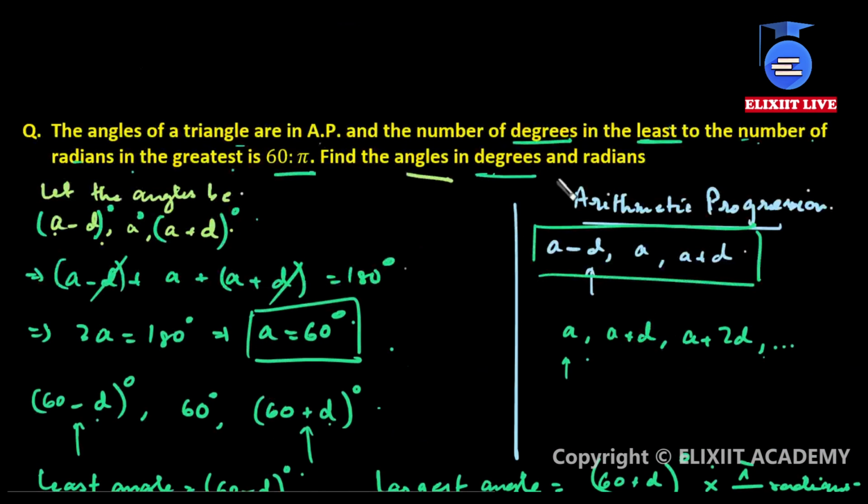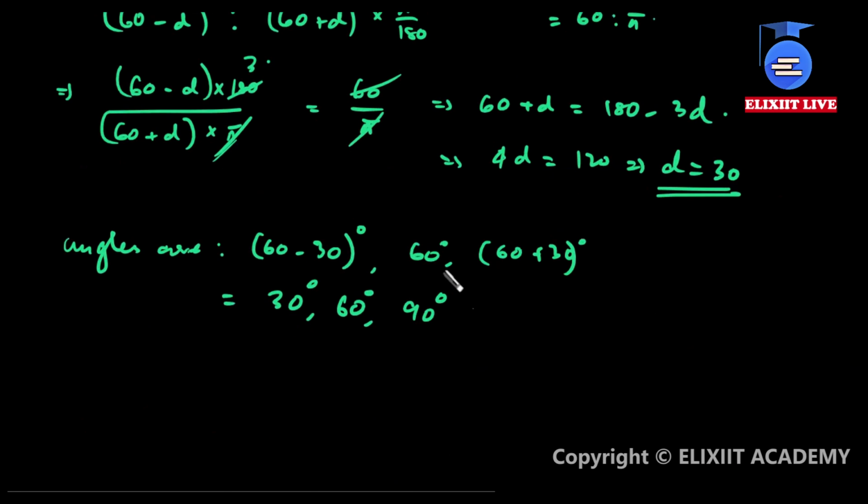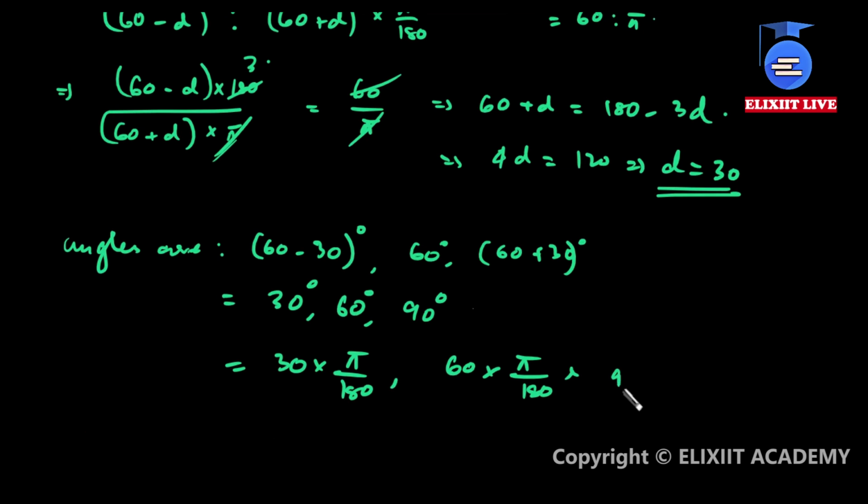Find angles in terms of degrees and radians. In terms of degrees, this is 30, 60, and 90. To convert this into radians, simply multiply each of them by pi by 180. So in terms of radians, this is 30 times pi by 180, 60 times pi by 180, and 90 times pi by 180. Now simplify.